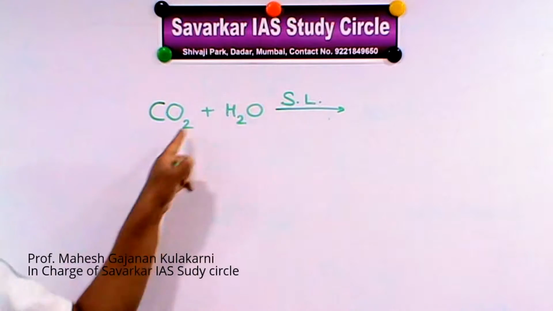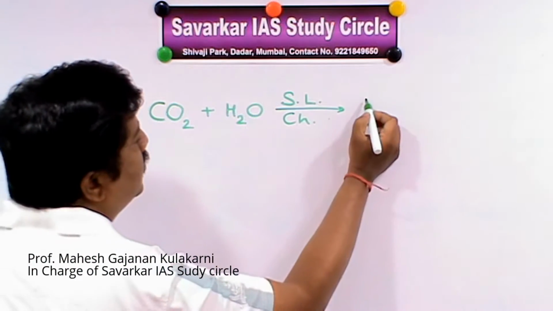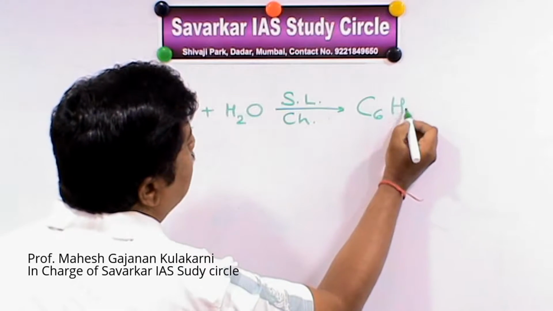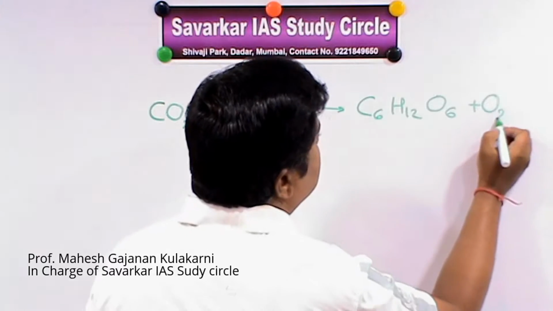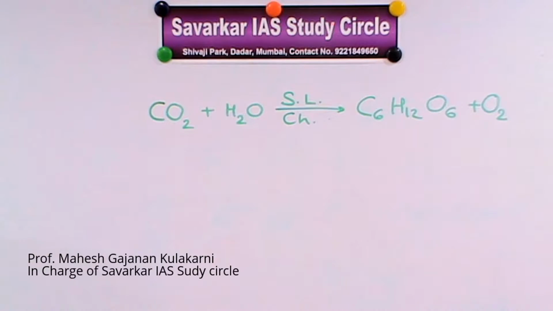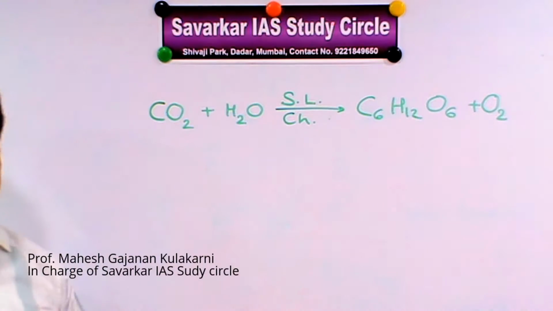Sunlight is the source of energy required for this combination, and in the presence of chlorophyll we get C6H12O6 plus oxygen, the gas required for our respiration, which is liberated in this reaction. So this is what we call the photosynthesis reaction.